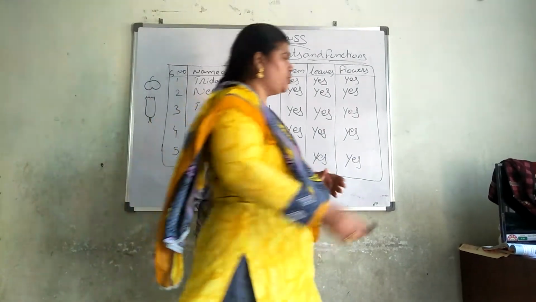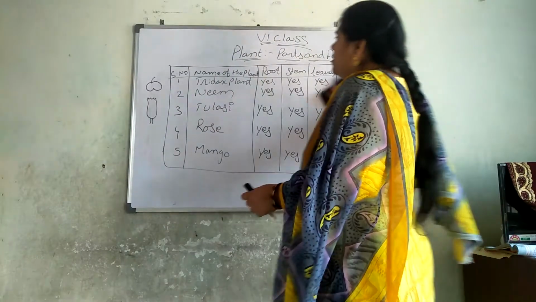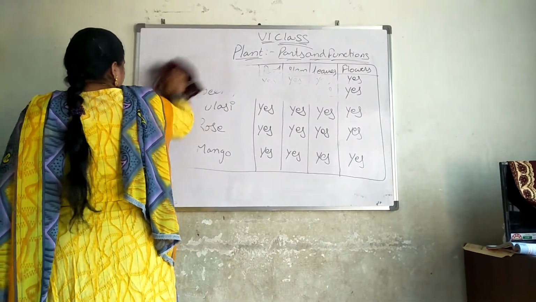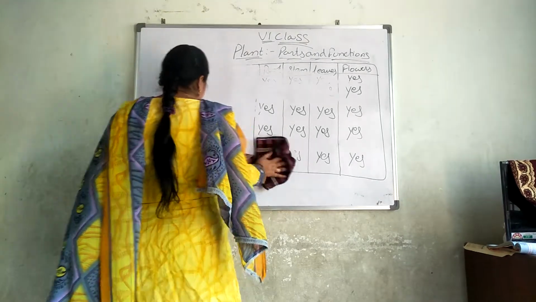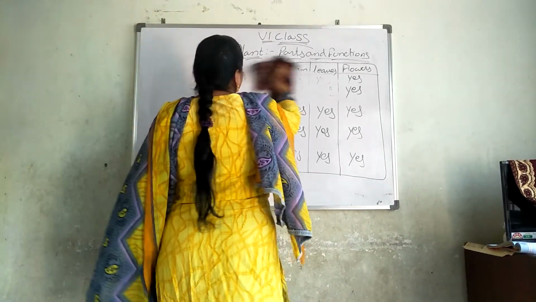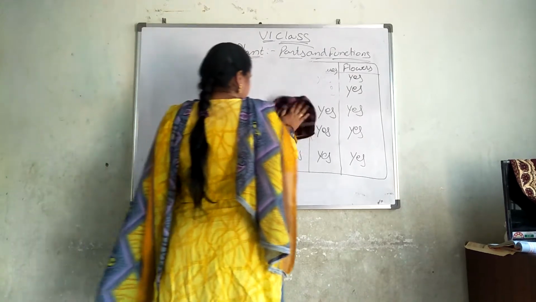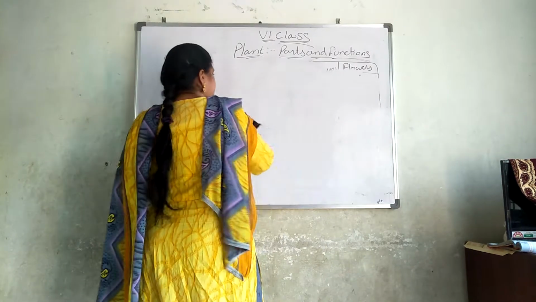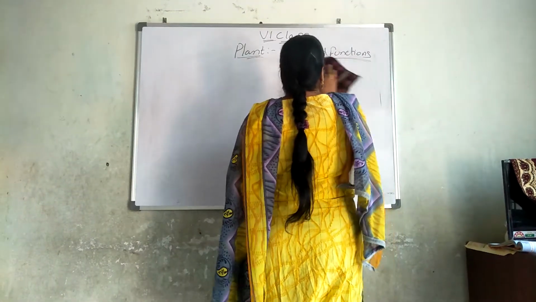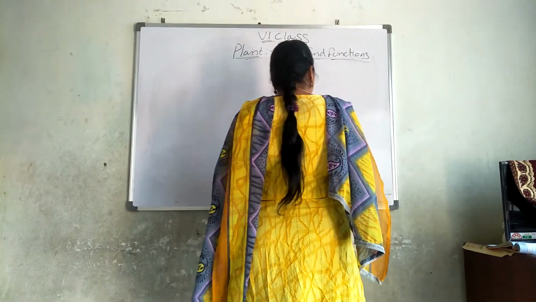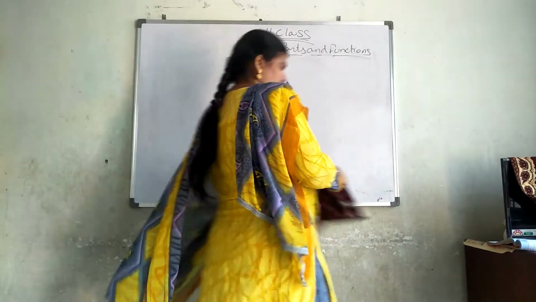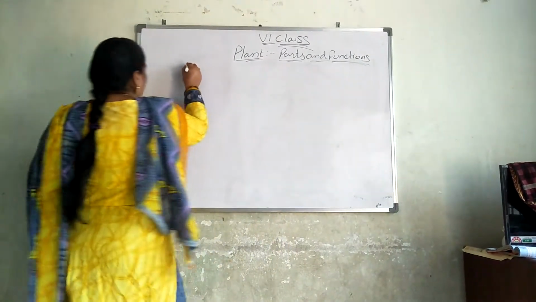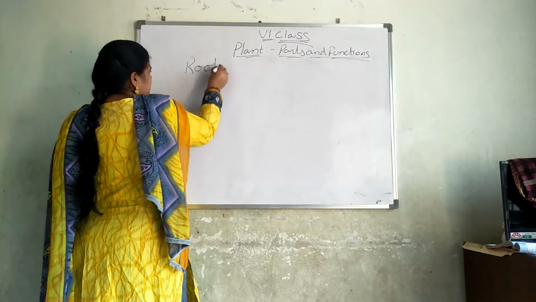Next we are going to talk about the root system. How many types of roots are we having? So coming to here, how many types of root systems are we having?